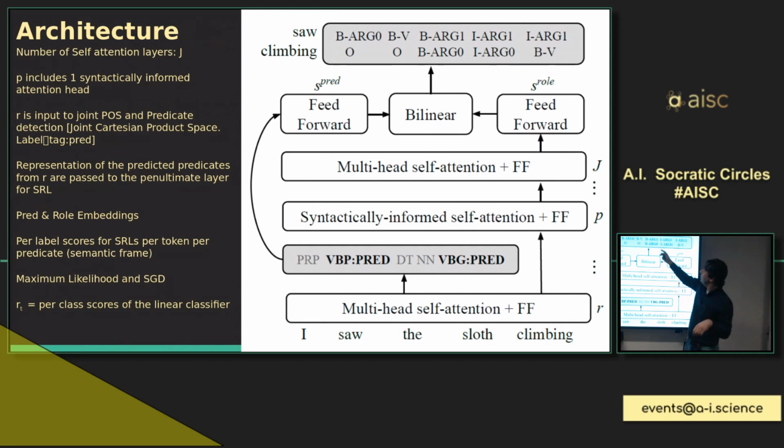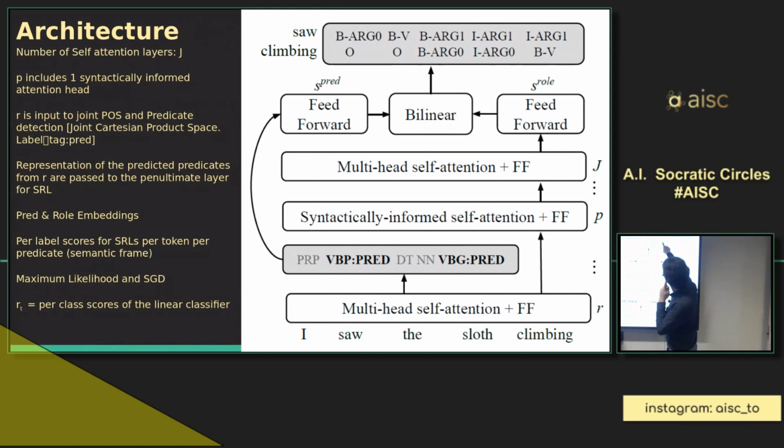So my understanding is that arg0 and arg1, or these I's and B's, refer to different roles. So patients, agent, which is the doer, right? So I is probably the doer, and then the arg1 slot must be the patient, right?